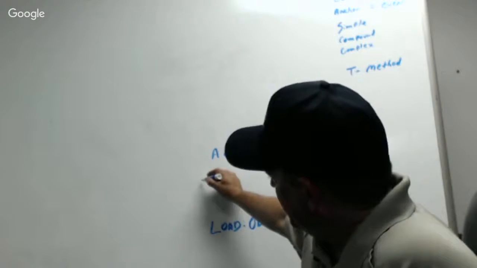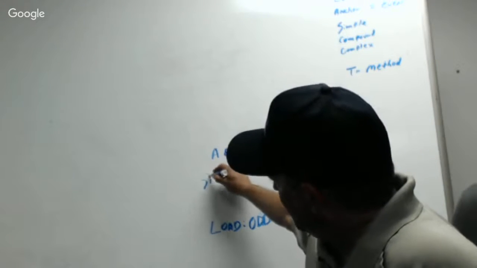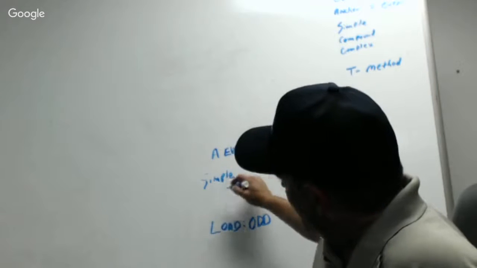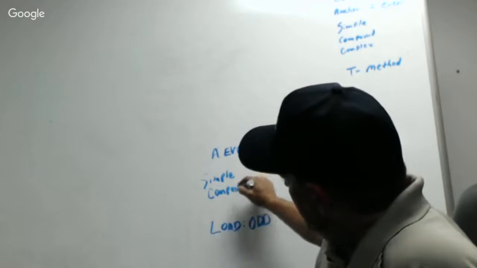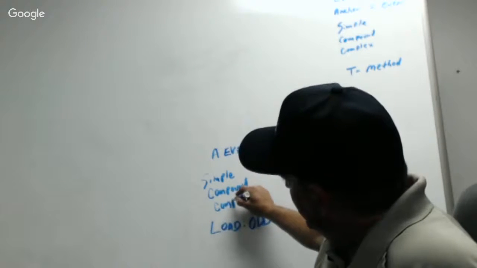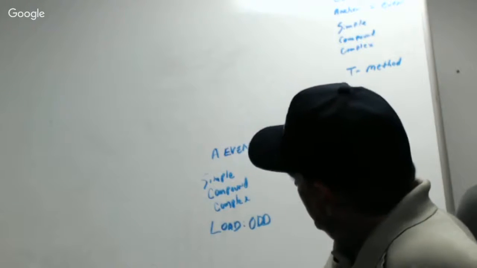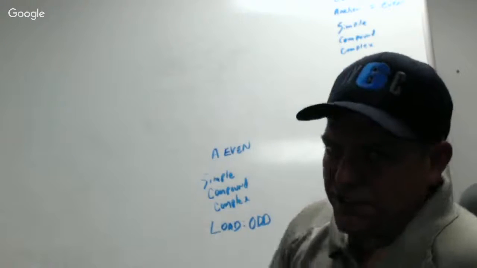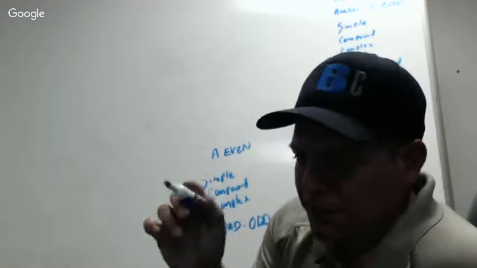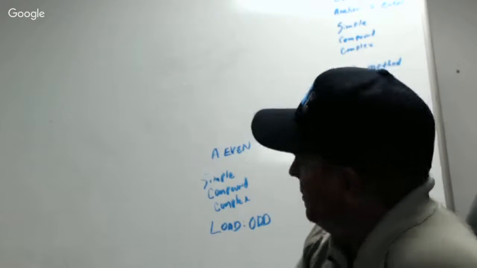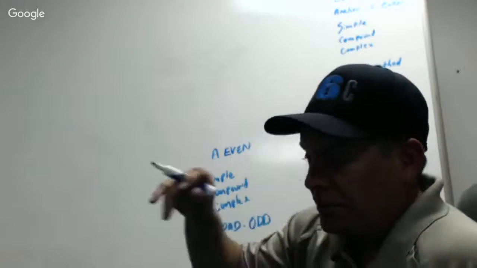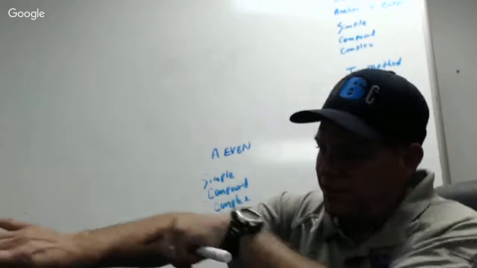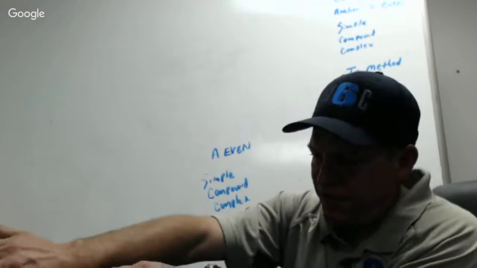There are 3 types of systems. You have a simple, a compound, and a complex. Now, simple is just simple. That's some of the ones we did, 3 to 1, 2 to 1, simple stuff. A compound is when you have a system compounding another system.